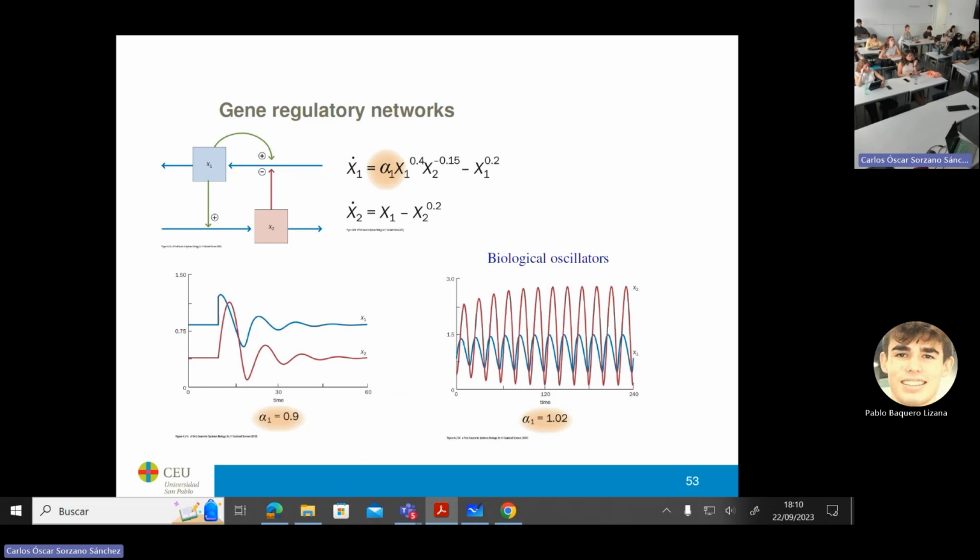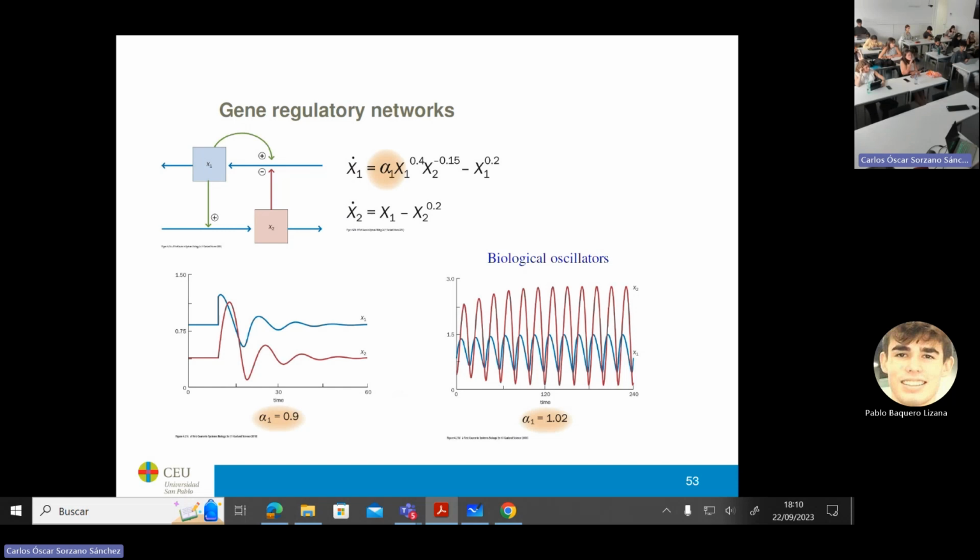X1 is also promoting itself. So I can write all that here: X1 is promoting itself, X2 is inhibiting X1, and X1 is decaying, so it is degrading. Then we have the decay of X2, and X1 is promoting X2. Somehow that reflects those relationships.